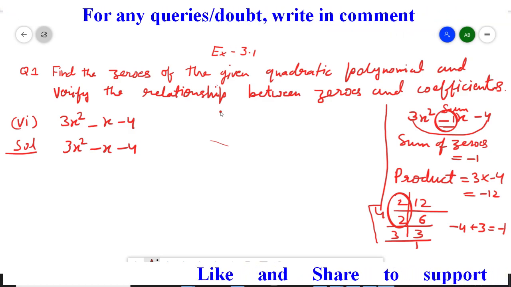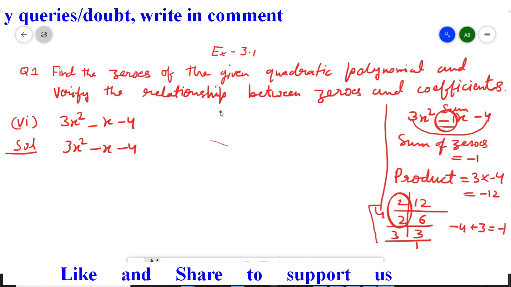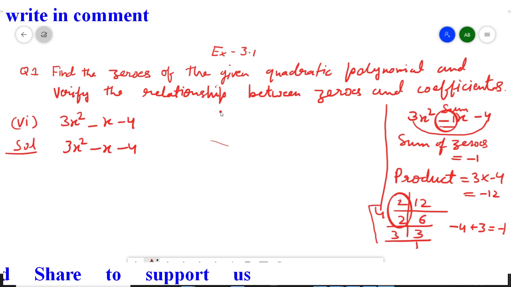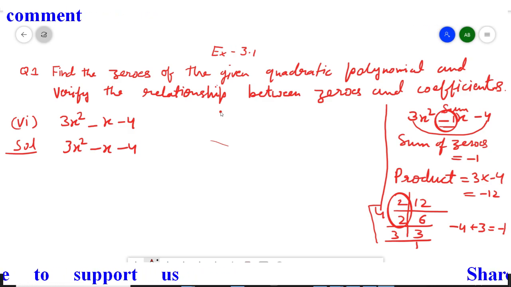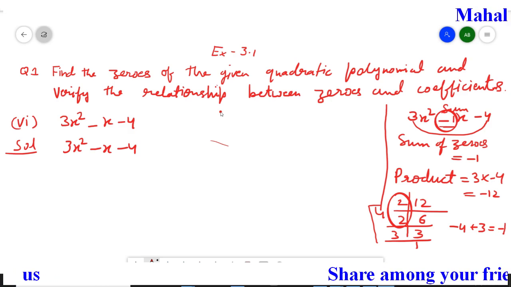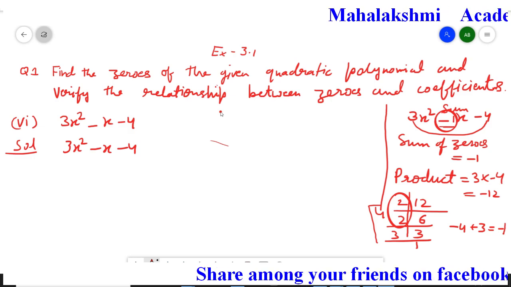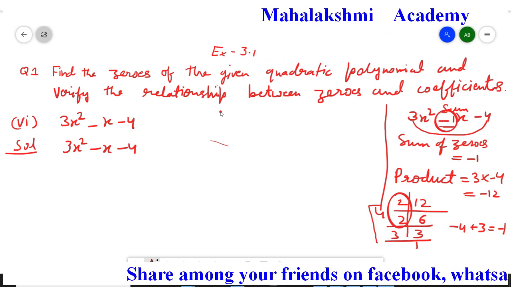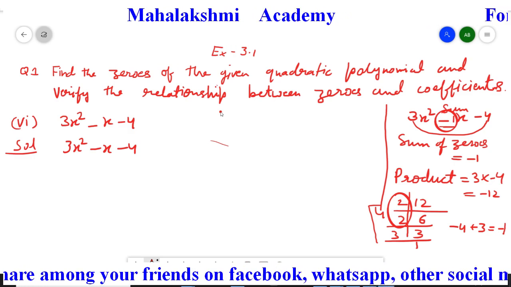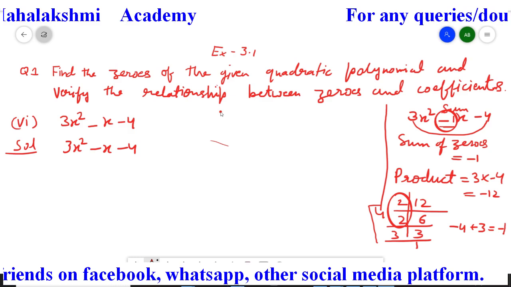This 12 you factorize, and the factors obtained you make into two groups in such a way that from these two groups you get the sum. So I converted the three numbers into two groups: 2 and 2 I took together, so 2 multiplied by 2 is 4, and this 3 is alone. Now from 4 and 3 we have to obtain minus 1, so minus 4 and then plus 3.